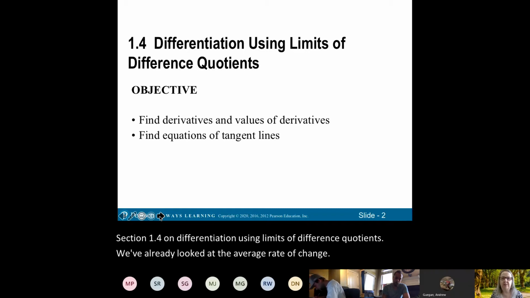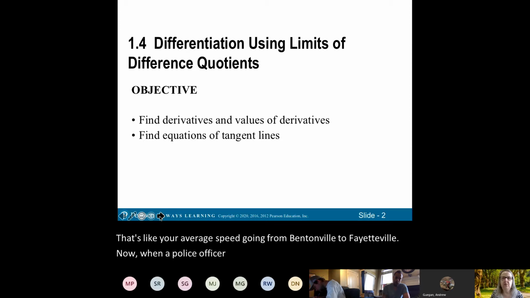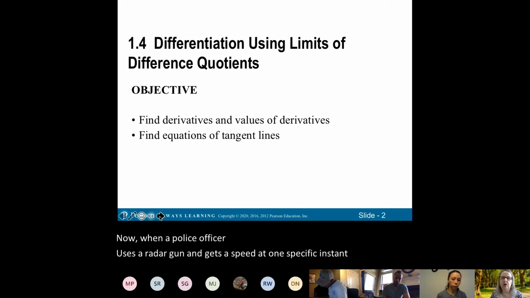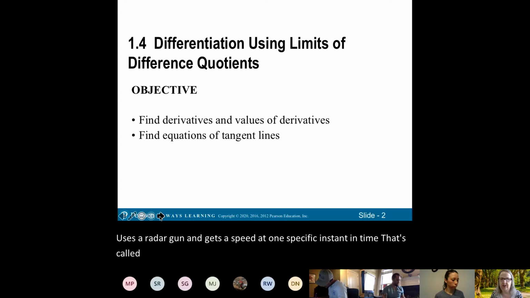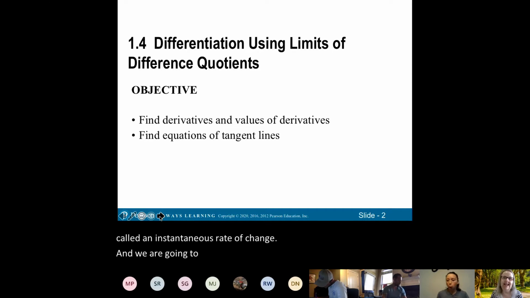That's like your average speed going from Bentonville to Fayetteville. Now, when a police officer uses a radar gun and gets a speed at one specific instant in time, that's called an instantaneous rate of change. And we are going to be looking at instantaneous rates of change today.